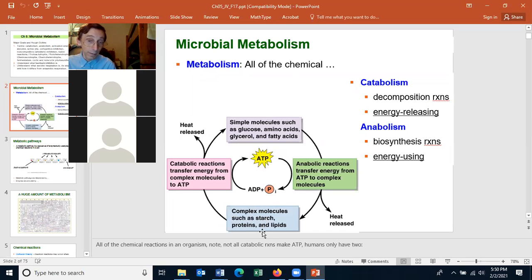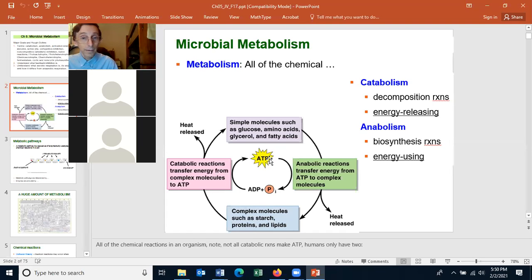Even in plant cells, the majority of the complex molecules being broken down into simpler molecules do not generate ATP, although green plants are much better at generating ATP than animal cells, so they have more than two reactions that can generate ATP. But the majority of the reactions do not generate ATP. Okay, everyone clear on that? The majority of complex molecules, when they're broken down, do not generate ATP.